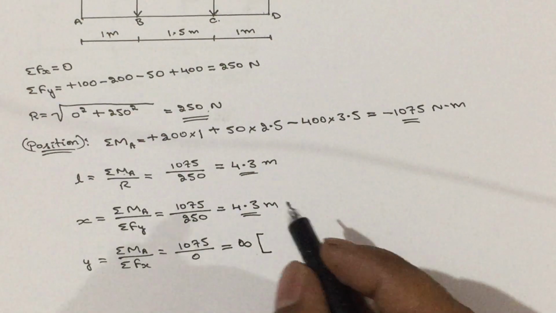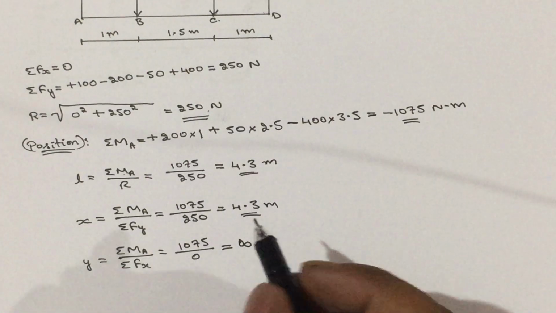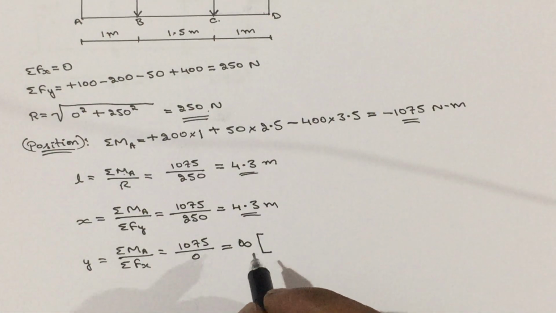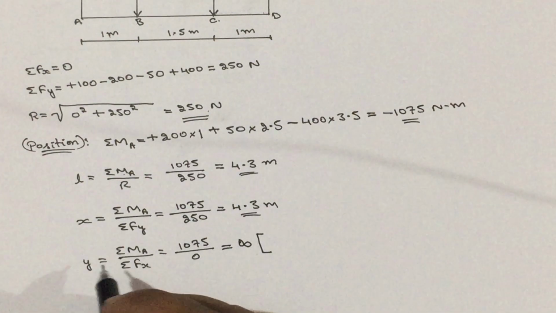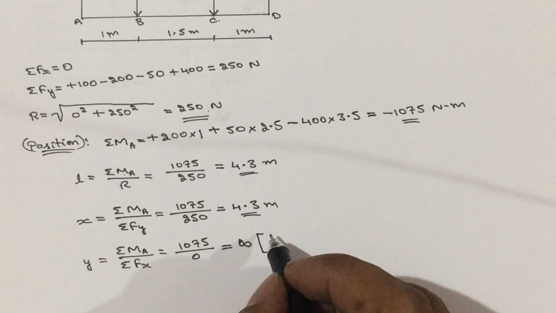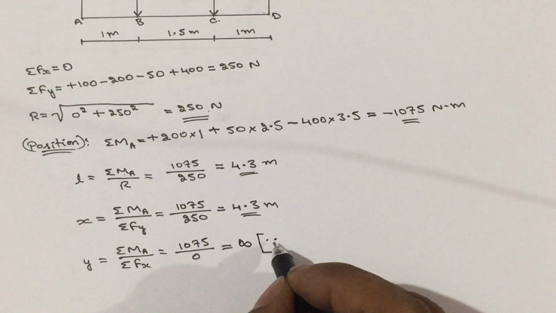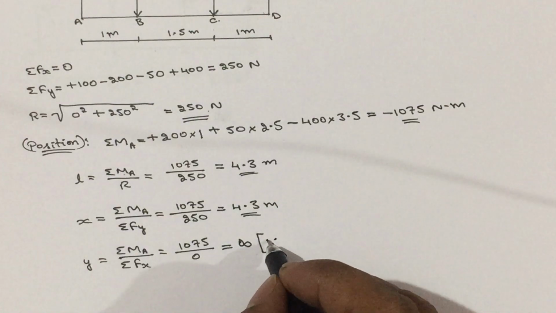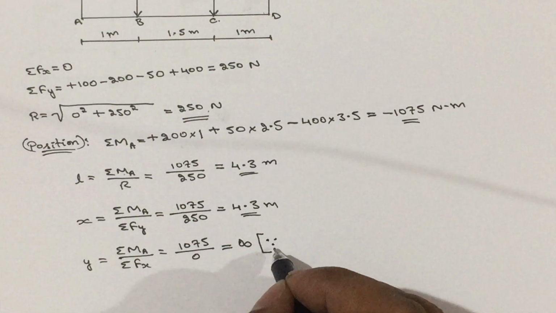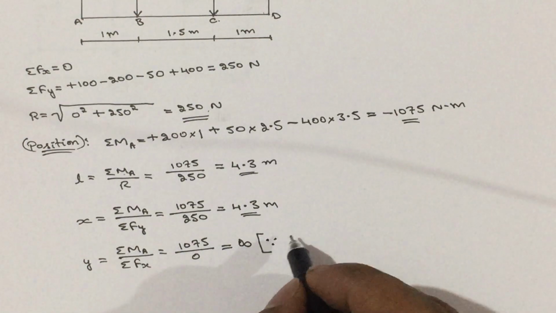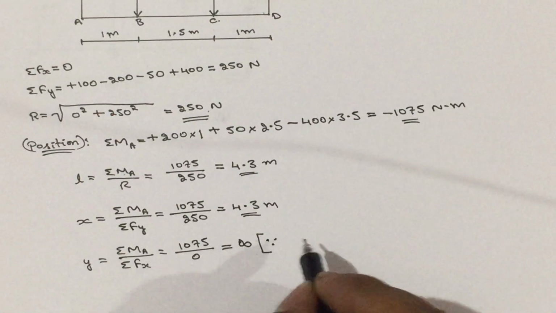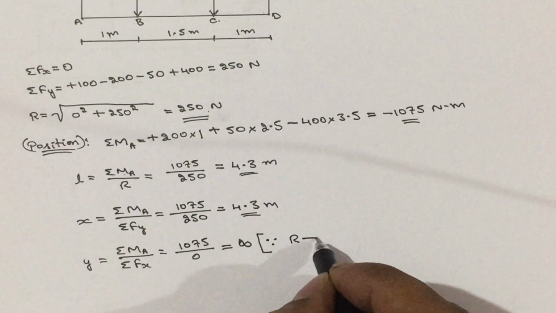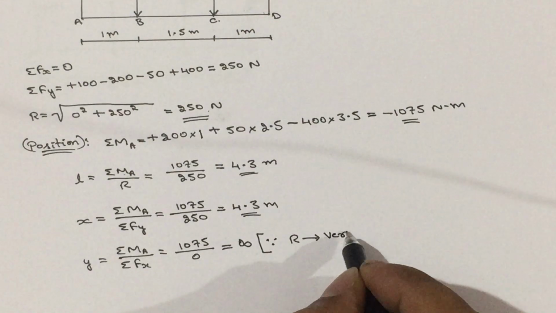Why? Because since all the forces are vertical, the resultant will be vertical. If the resultant is vertical, then the y distance we don't know. So that's why we got infinity. I am writing this one only for your understanding purpose. Why we got infinity means since resultant is vertical.